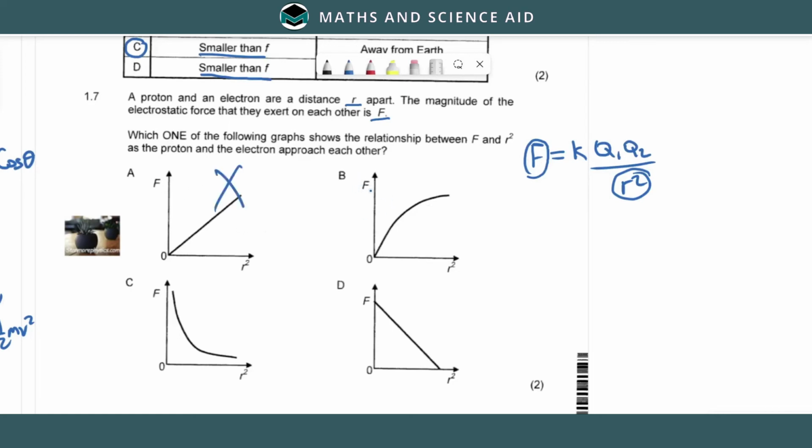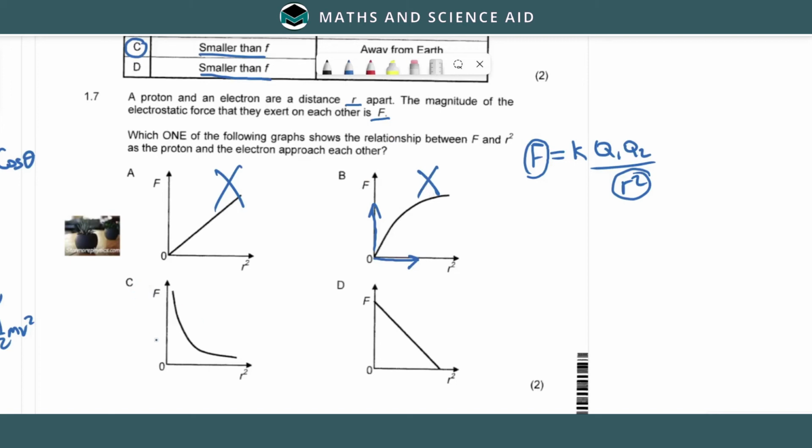Now moving on to B. B also suggests that as you are increasing r squared, F also increases, although it's not in a directly proportional fashion, but this still suggests that r squared is increasing as F increases. And so this is also incorrect.